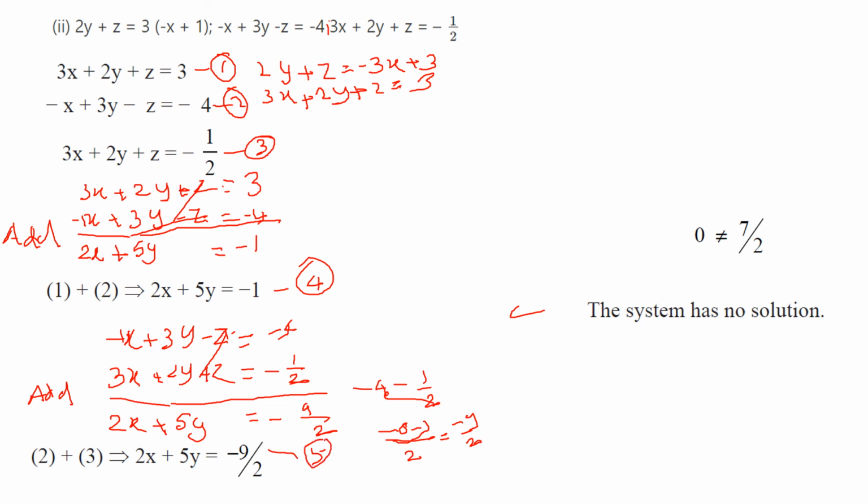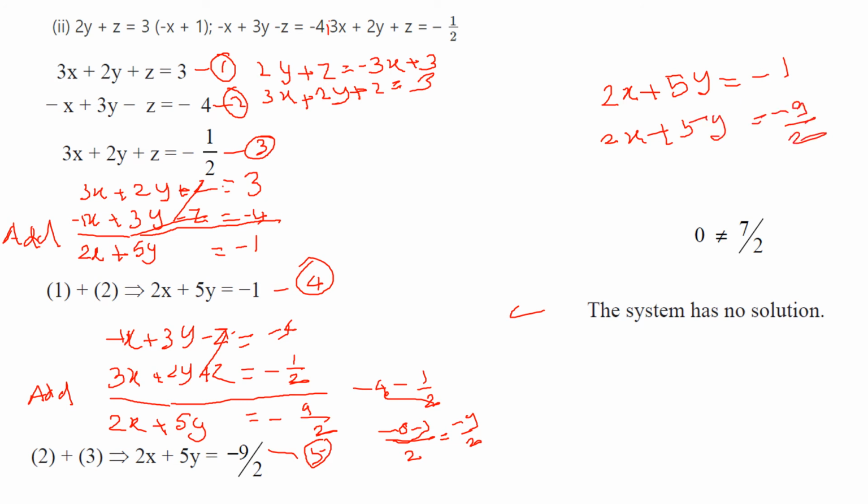And write the fourth equation: 2x plus 5y equal to minus 1. 2x plus 5y equal to minus 9 by 2.